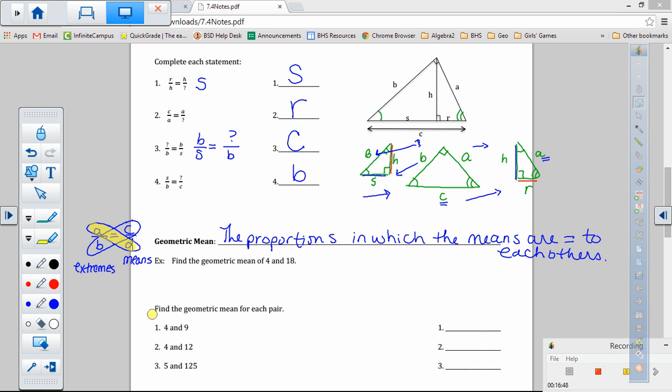They want you to find the geometric mean between 4 and 18. So I need 4 numbers to fill in my fractions, to fill in my proportion. And I know that 2 of those numbers is going to be 4 and 18 because they gave them to me right from the problem. They want the geometric mean between 4 and 18.